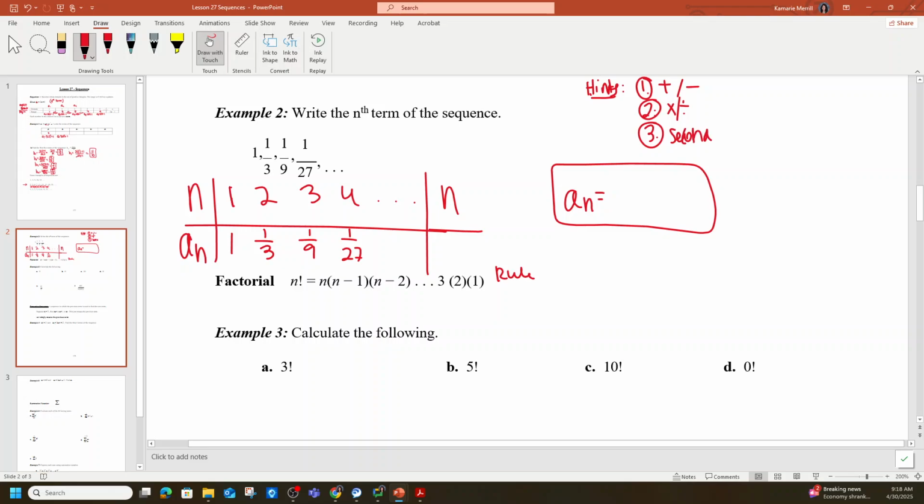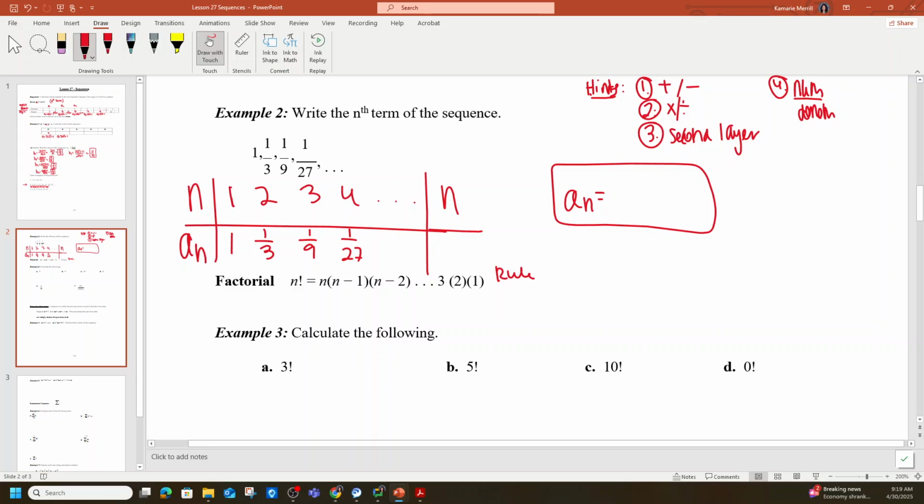Like, I was adding a 1, then I added a 2, then I added a 3, and then the second layer is saying, oh, I'm changing by 1 every single time. So sometimes you look at the second layer. The other thing you can do is separate the numerator from the denominator and come up with the rule of the numerator and the rule of the denominator. These are all just little strategies to come up with a rule, okay?